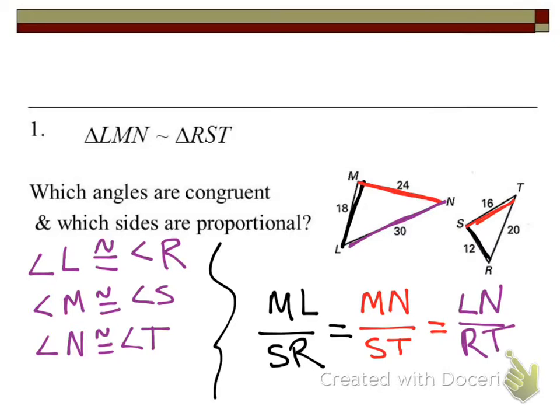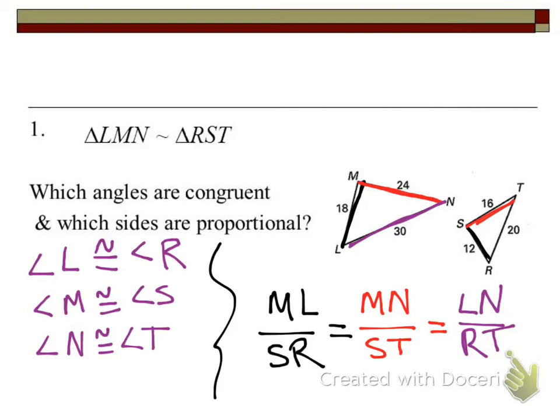Now, if you don't believe me, since this one actually has values, you could plug them in. So like ML is 18, RS is 12, so you could put 18 over 12 equals 24 over 16 and reduce and see if it's true. It is going to be true, but if you don't trust me, you can go ahead and plug those in and check.